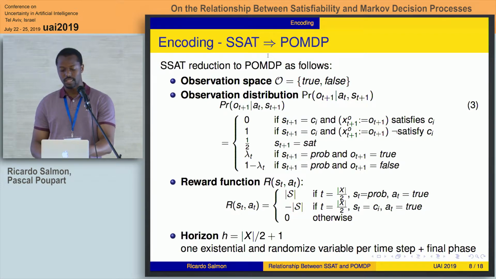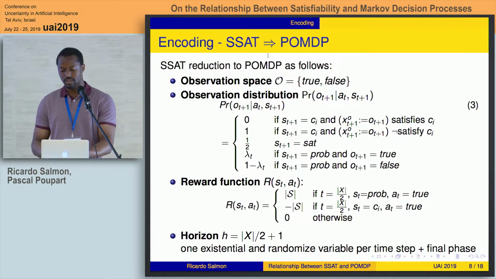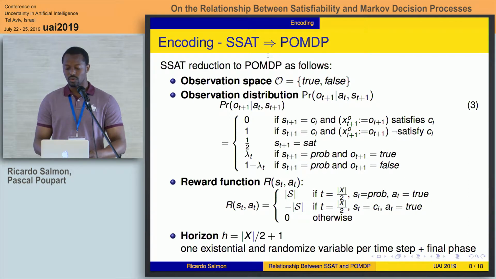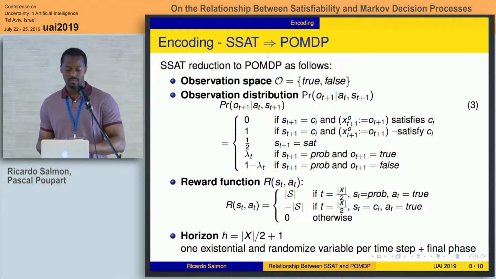For the reward, it's interesting because it depends on time. After assigning all the existential and randomized variables, there's a final phase where a reward of S is given for the prob state, which essentially means that if you have some probability of satisfying the formula, then you'll get a certain reward, which cancels out the 1 over S in the initial belief.